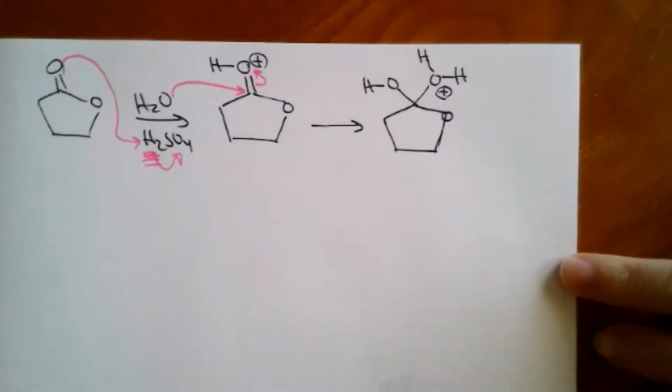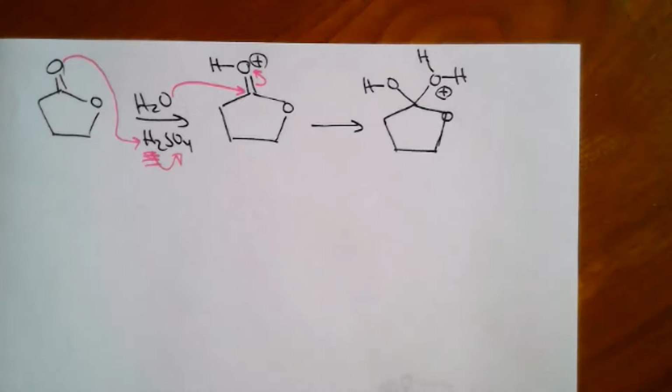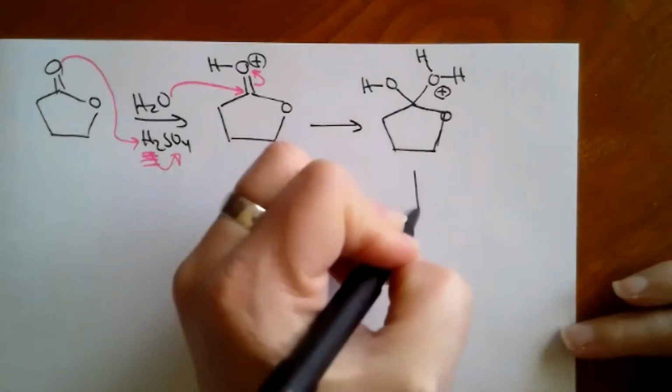So I get this guy. It's a tetrahedral intermediate that looks so similar to the tetrahedral intermediate from my trans-esterification. But what do I have to do? Clean up a proton, so that I can get to my neutral tetrahedral intermediate.